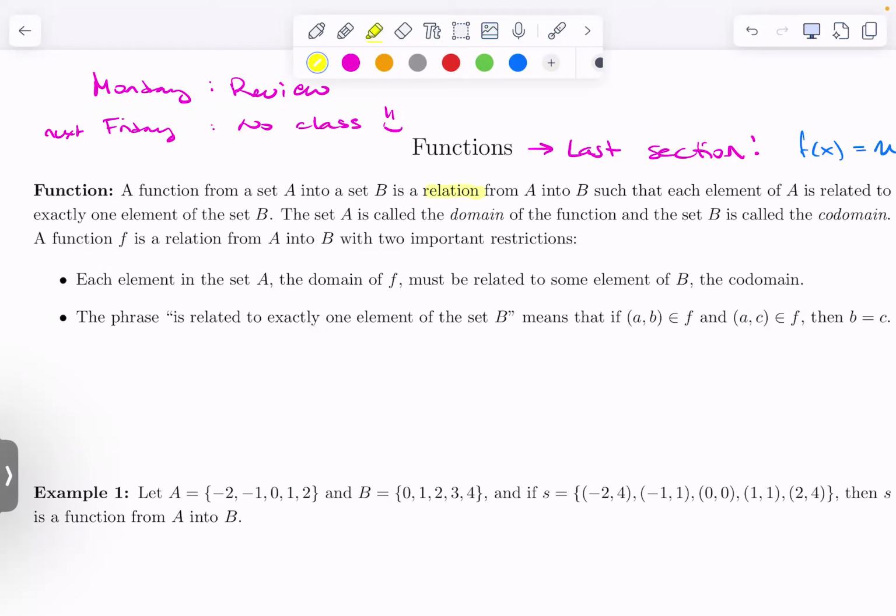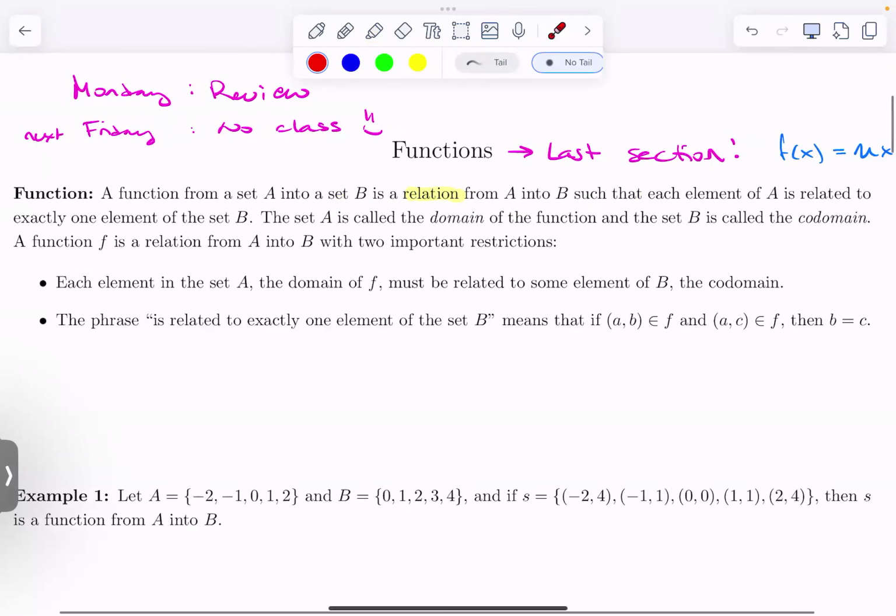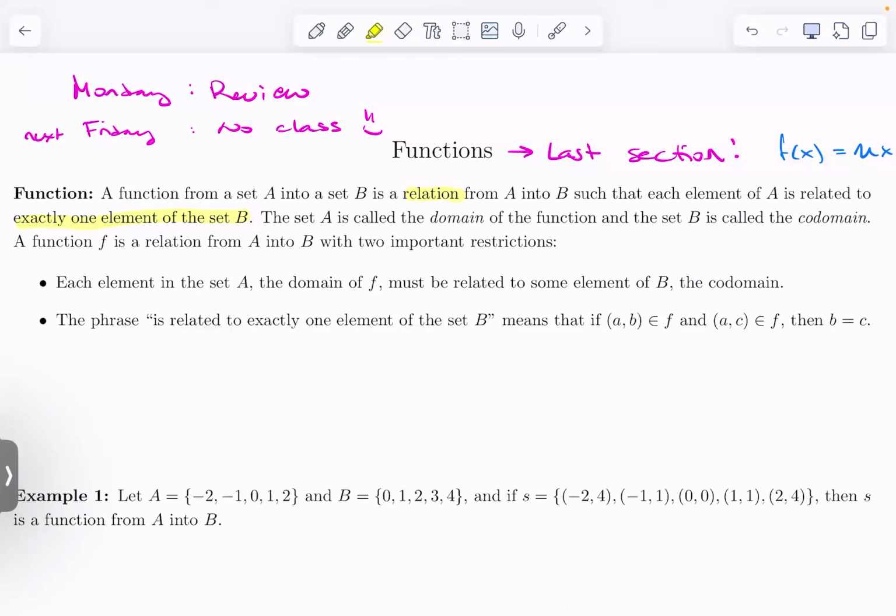So now this is an extension of relations, really, from A into B, where each element of A is related to exactly one element of the set B. Kind of a special case of relations.